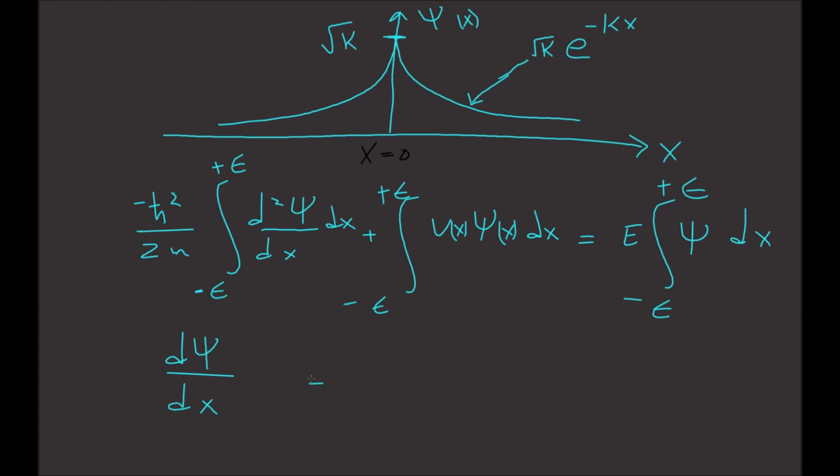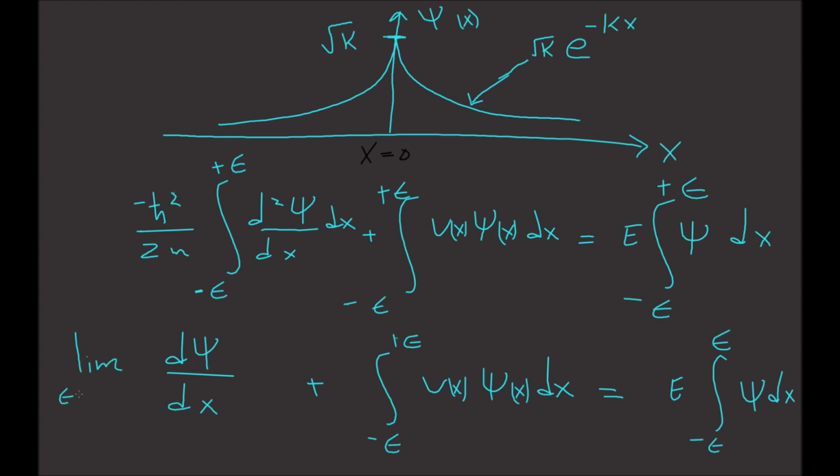So the second term, we're going to leave it as is: v of x times psi of x dx. This is going to be equal to e times the integral of psi dx.